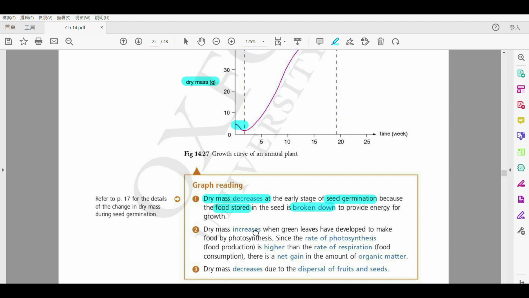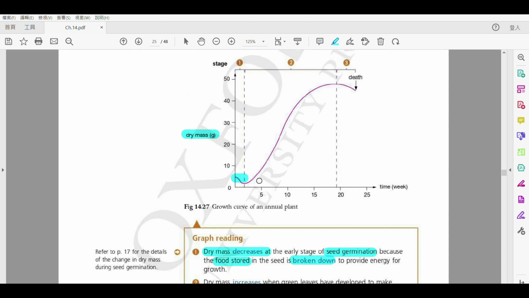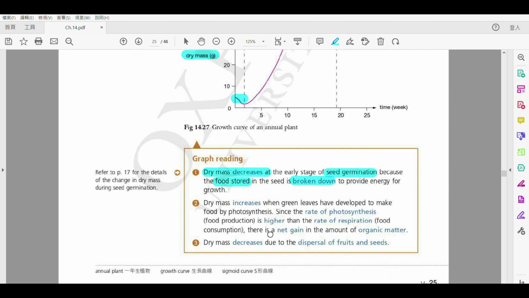And then the next part will be easy. Why does it get increased? This is because the first leaves will start developing and they will start making food by photosynthesis. But remember, we talked about this in the purple pages earlier.